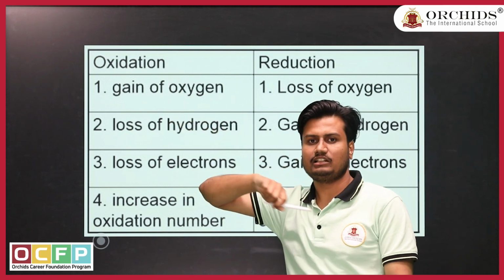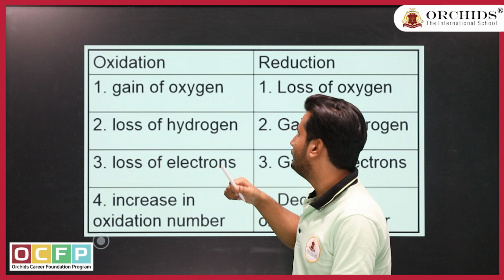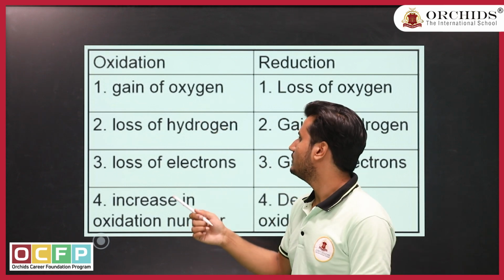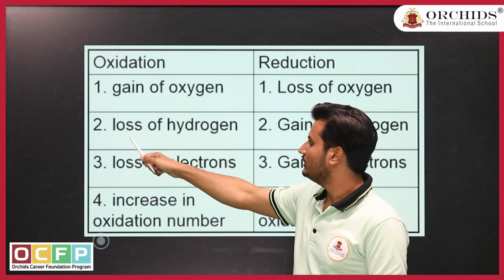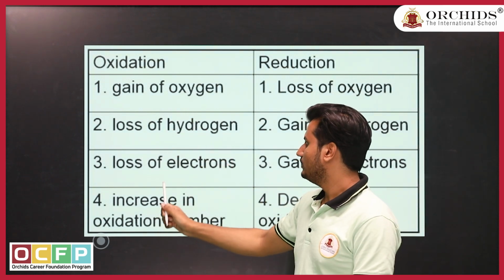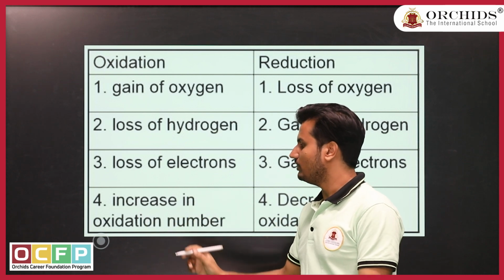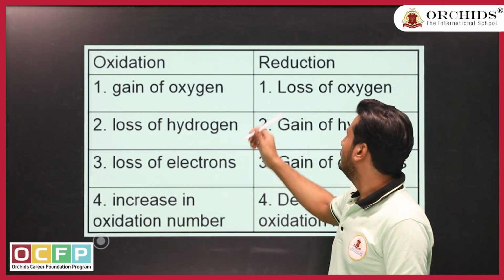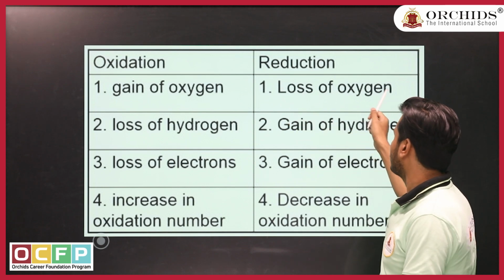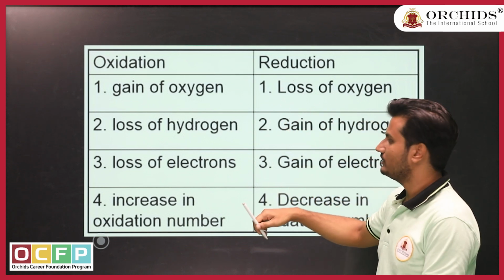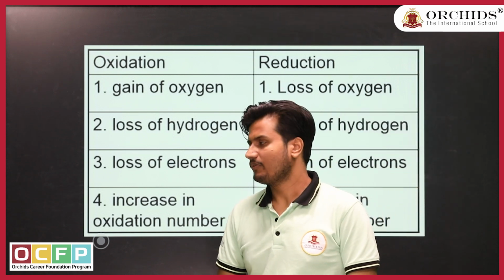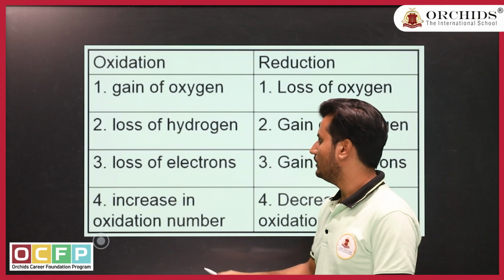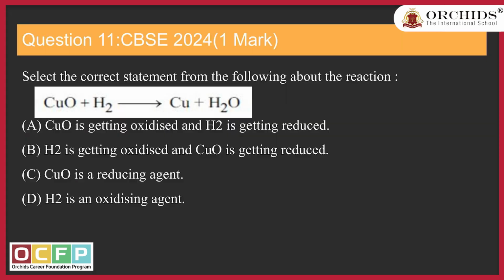Oxidation reactions are identified by a few criteria: gain of oxygen, loss of hydrogen, loss of electrons, or increase in oxidation number. Reduction is loss of oxygen, gain of hydrogen, gain of electrons, or decrease in oxidation number. We will solve a few questions to get familiar with the concept of oxidation and reduction.